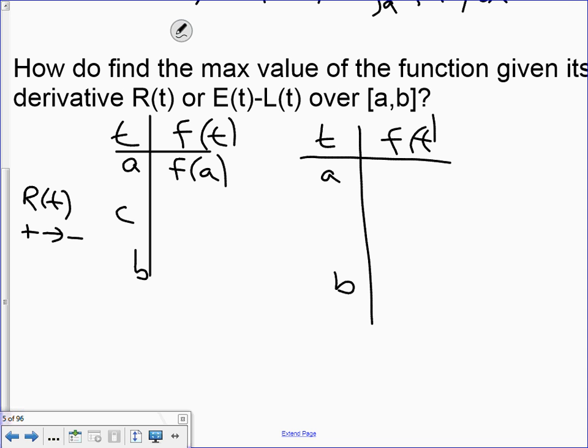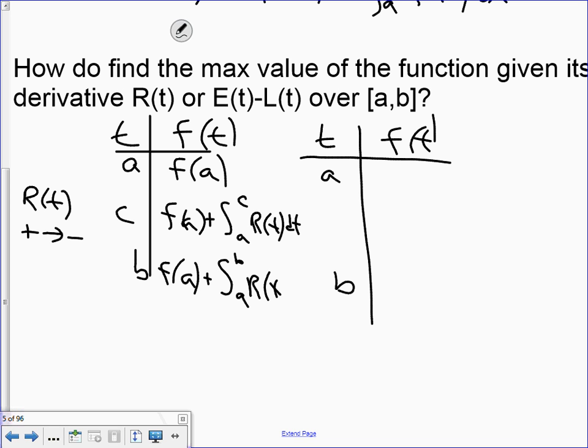Because they've only given us, let's say, the rate and f of a. From a to c of r of t. Same thing. If you want to get f of b, you'll have to take f of a plus the definite integral from a to b of r of t.